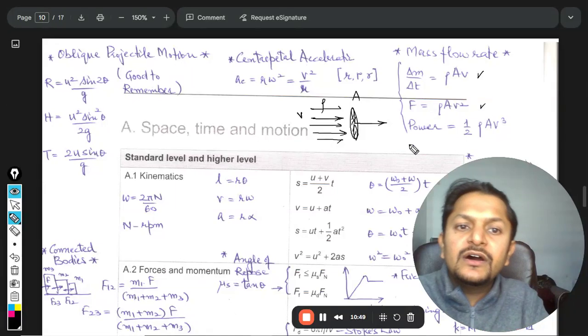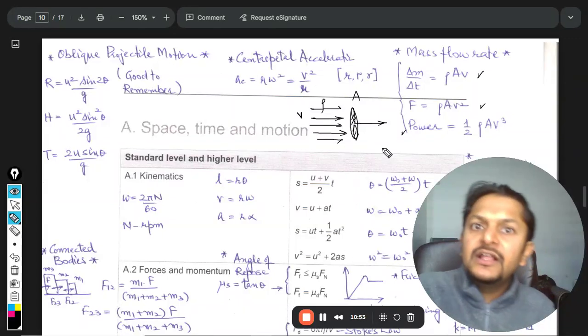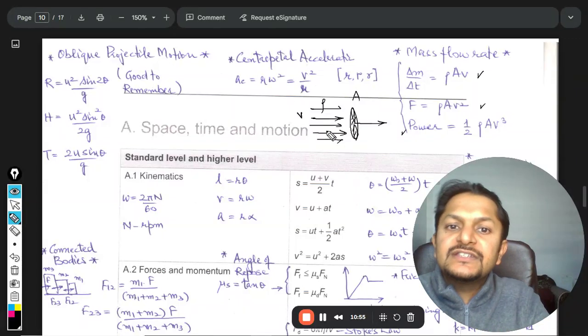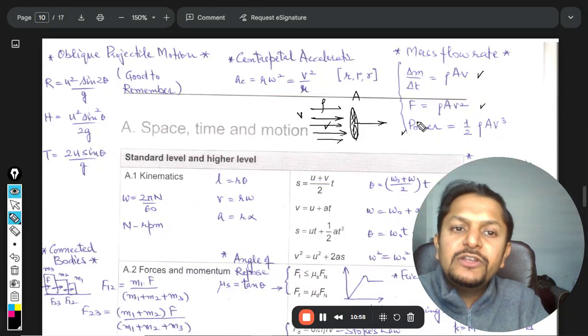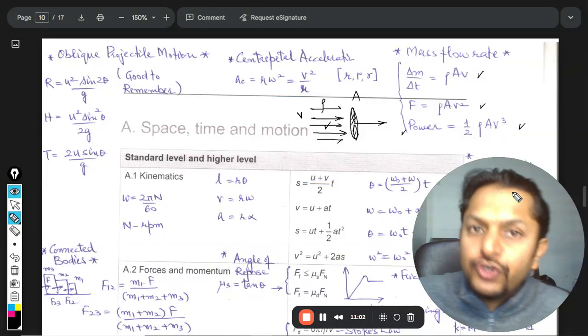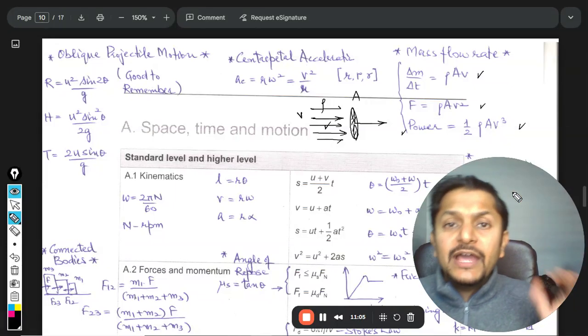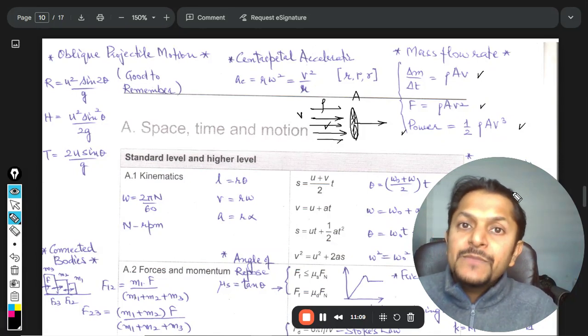Rho A v square. And what is the power at the disposal of the windmill, the total energy contained in the wind when it enters the windmill? That formula is 1 by 2 rho A v cube. They are very good and quick formulas to be used in mass flow rate.